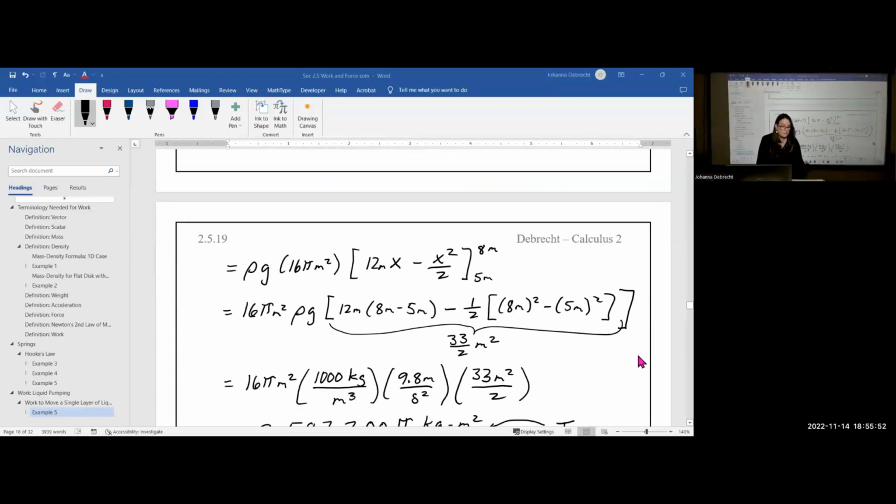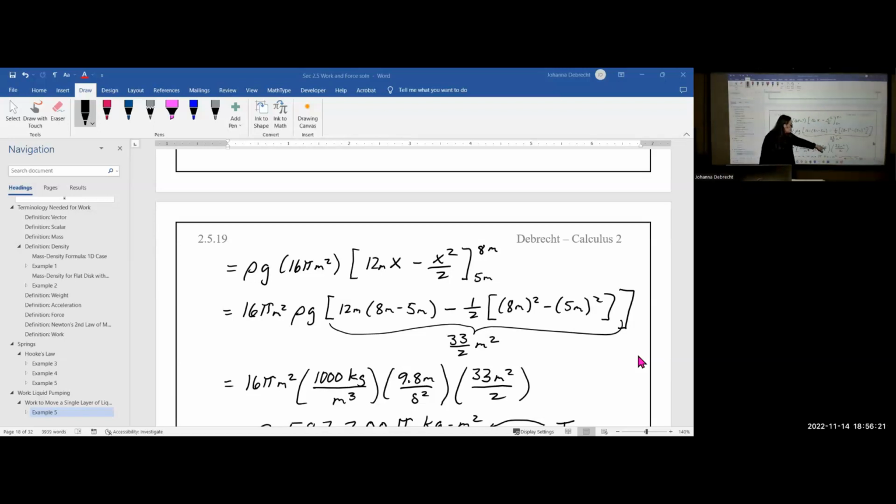Now notice that if you keep the units in there, you do get meters times meters, which gives you square meters, and square meters minus square meters is square meters. Now when you plug in the actual values for the density and for gravity, notice that you've got a meter cubed down here, you've got meters squared and meters squared, which gives you 4 meters, and 3 of them will cancel with what's in the bottom.